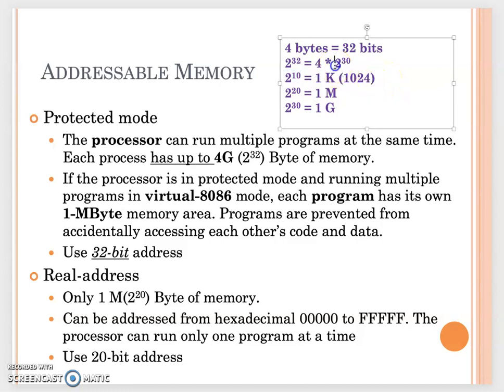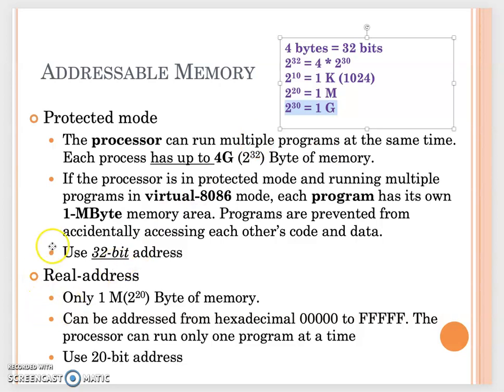That's why 2 to the 30th power equals 1 gigabyte. Because at most we can have 4 bytes to store the memory address, up to 4 gigabytes of memory is allowed.